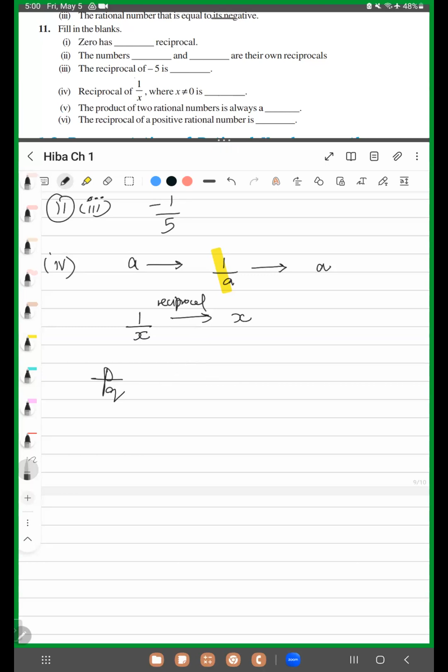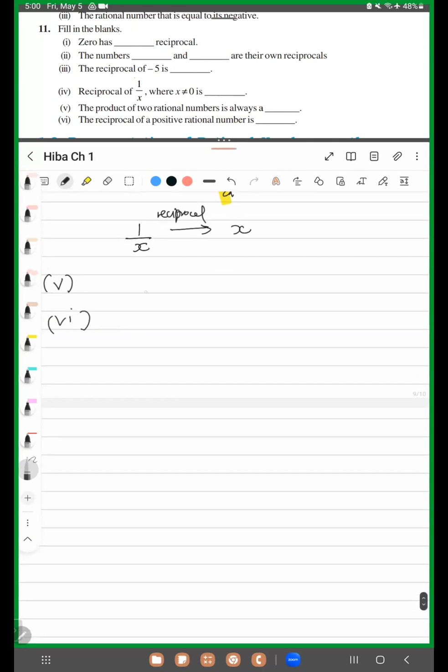The product of two rational numbers is always a rational number. Very good, rational number. Then the reciprocal of the reciprocal of a positive rational number is negative. रेसिप्रोकल, अच्छा आप एक एग्जांपल लेके देखिए, एक पॉजिटिव रैशनल नंबर लीजिए 2/3, इसका रेसिप्रोकल क्या है? 3/2.